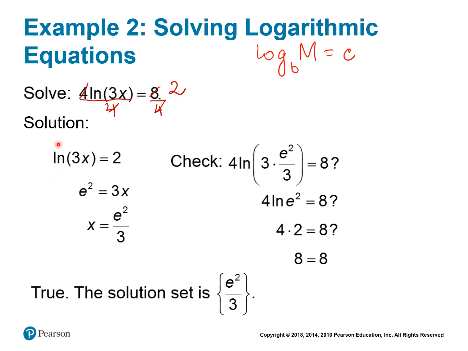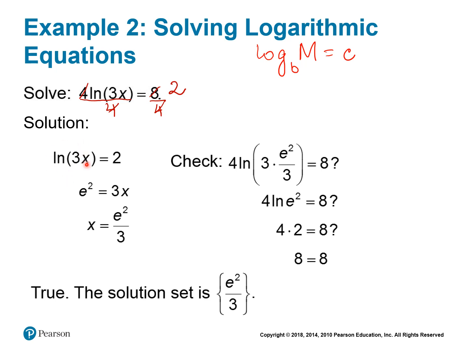They have ln of 3x equals 2. It is now in this form. It starts with the log, correct? Ln of 3x. Earlier there was a 4 before the ln. All right, so now we can go and rewrite this in exponential form.